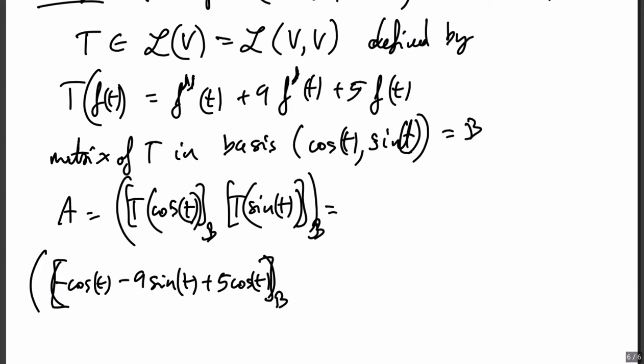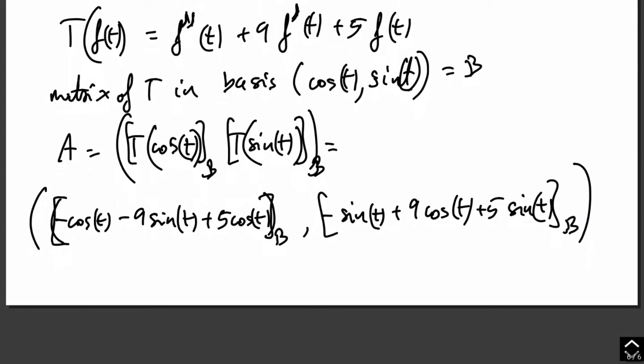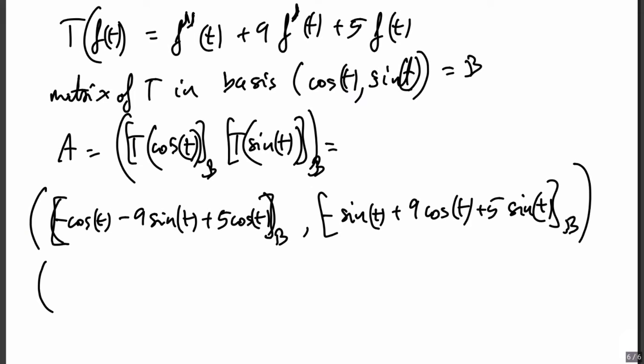Then T applied to the sine function, the second derivative of sine is minus sine, because sine, cosine, minus sine. Then plus 9 times cosine of t, plus 5 times sine of t. And again in the B basis. So we have some simplification here.